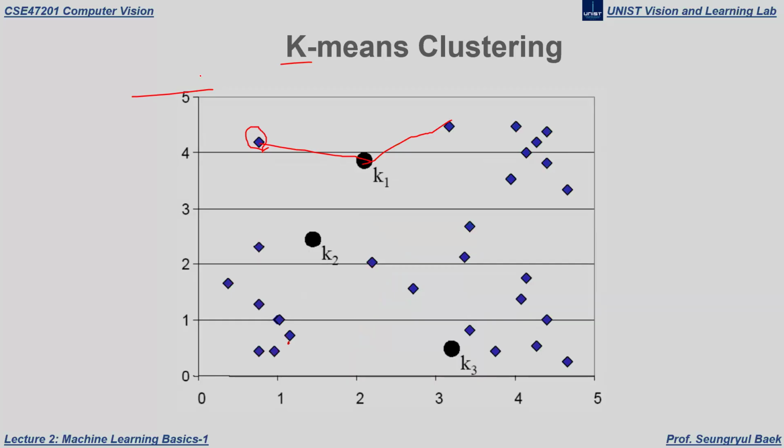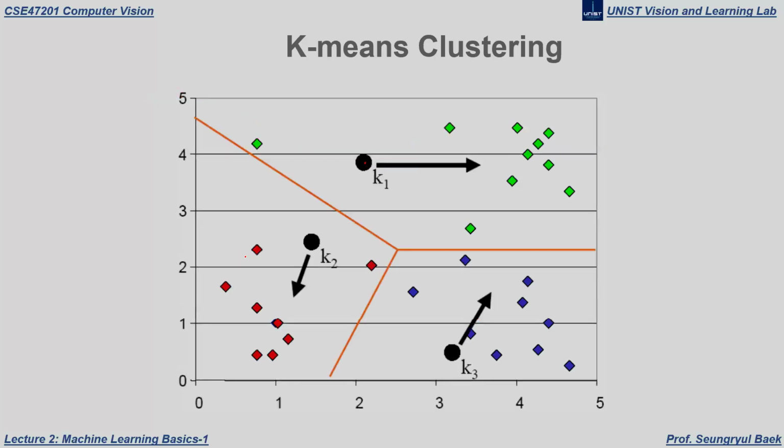In that case, you may assign this first sample to K1, because it is nearby K1. And maybe this sample you will assign to K1 as well. But this one you will assign to K2. By calculating their Euclidean distance, you will assign every point to one of the three centroids.